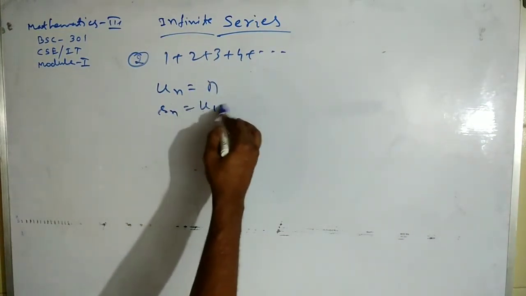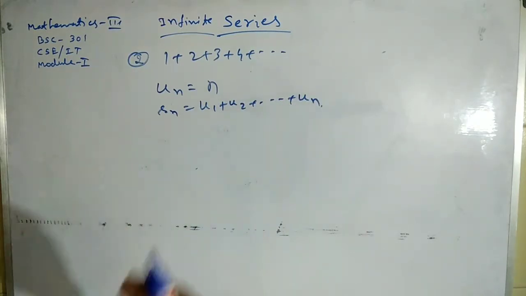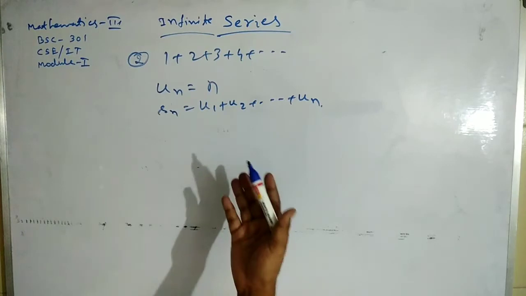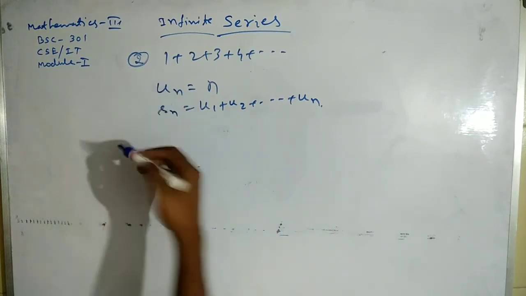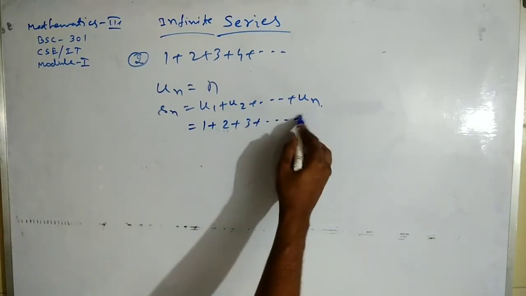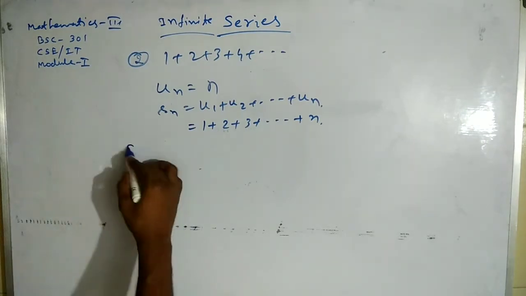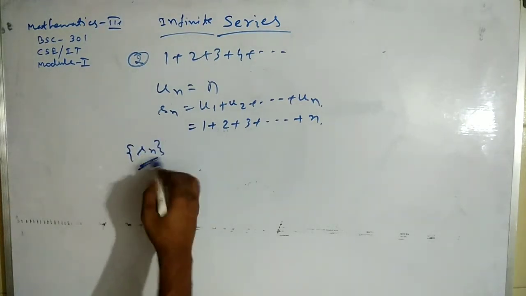Sn is u1 plus u2 plus dot dot dot up to un, that is the partial sum of the first n terms of the sequence un, and that will be equal to 1 plus 2 plus 3 plus dot dot dot up to n. This is equal to Sn. Now we have to check whether the sequence Sn is convergent or divergent.